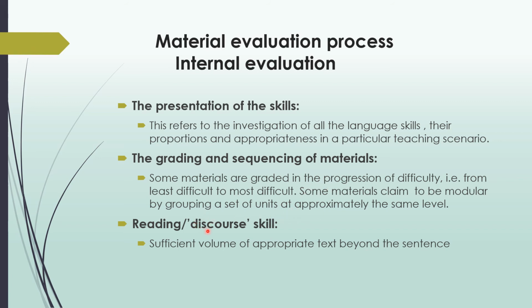And then reading or discourse skill. We need to look at whether there is a sufficient amount of text beyond the sentence, whether it is understandable, when we look from the perspective of reading or discourse skill.